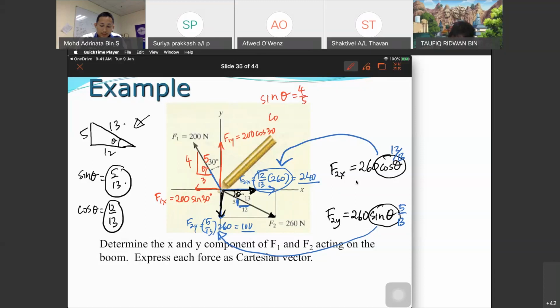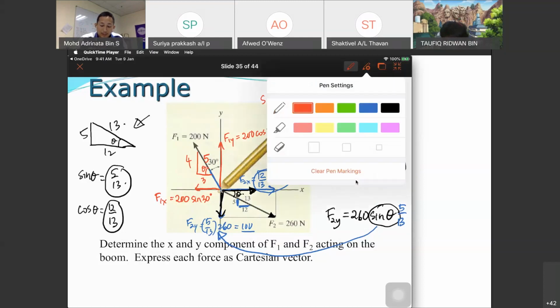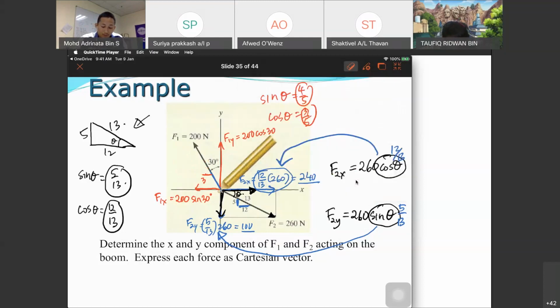Cosine theta is equals to 3 over 5. So use this one to eliminate the cosine and sine. Ni kalau nanti orang confuse pula. But the thing is you can use. Okay, boleh faham? So we have separated our x and y direction.